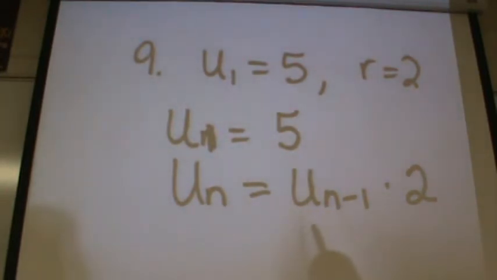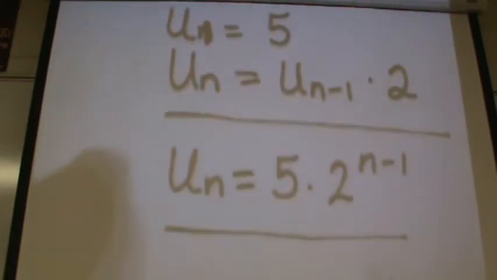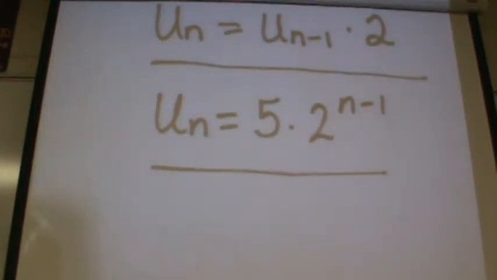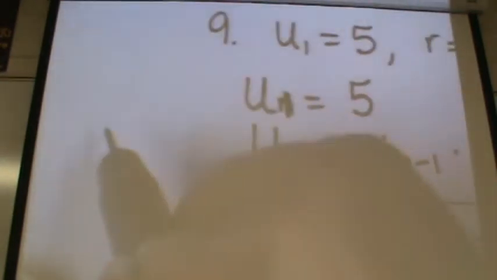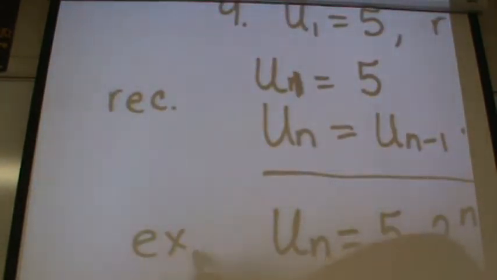You're going to use this formula if you want to find the 2nd, the 3rd, the 4th, the 5th, and you could just keep multiplying each term by 2 to get to the 6th. But let's look at the other formula, the explicit. It's u sub n, the first term, times r, which is 2, to the n minus 1 power. This one is recursive, and this is explicit.